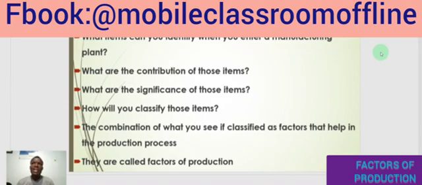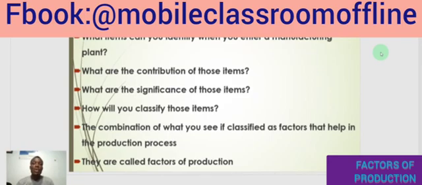Will you be able to classify them? Would you see some having some things in common and others not? What can you see that is common among some of the items you can identify? So the combination of what you see, if classified, are factors that help in the production process, so you can put them together based on their characteristics.